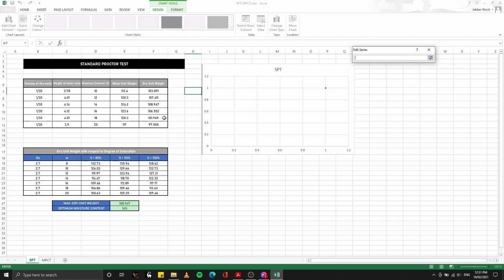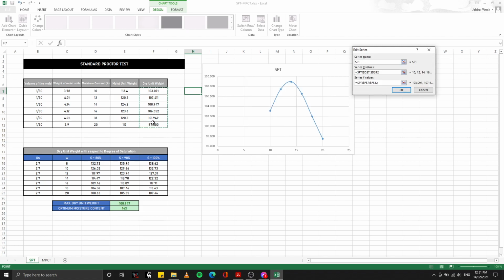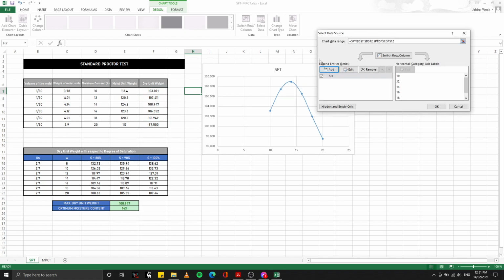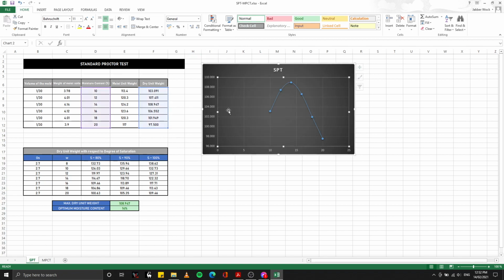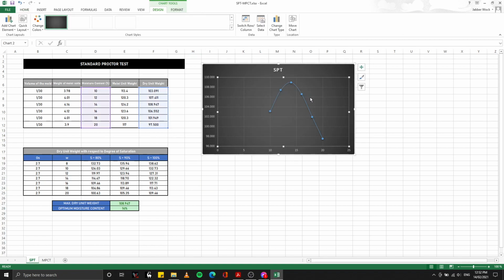Ang X values natin should be the moisture content. Then, ang ating Y value is the dry unit weight. Okay? Ayun. There we go. So, ito nakikita natin na curve. Ito yung standard Proctor test curve.